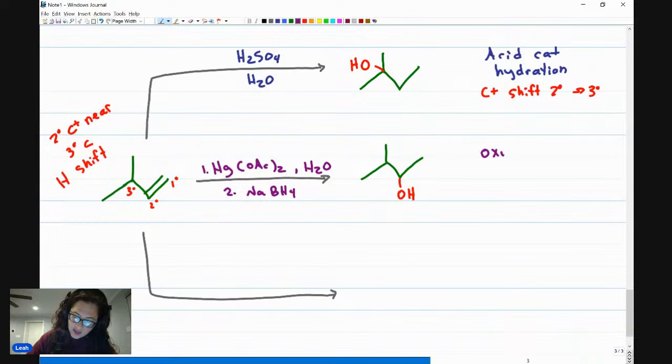So this is oxymercuration, and it follows Markovnikov's rule, which I will write as Mark's rule because his name is way too long to write out over and over.